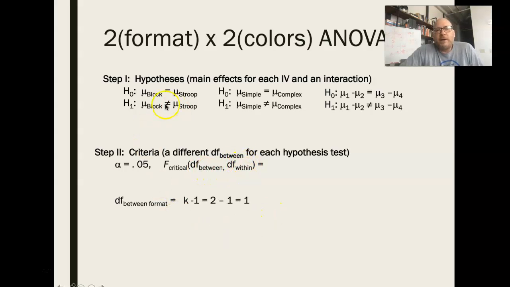So I'm going to start over here with the format, block versus Stroop. And remember, between groups is K minus 1. Now, it's important here that you ignore the colors, right? We're only talking about format. Format comes in 2 versions, block versus Stroop, so K is equal to 2, and therefore degrees of freedom will be 1.